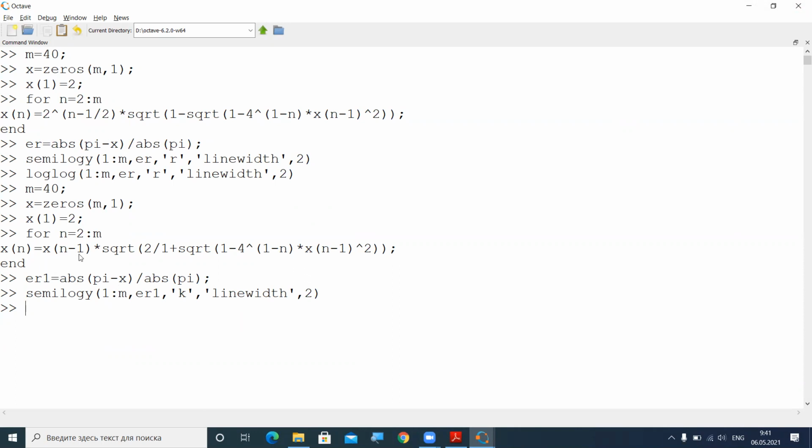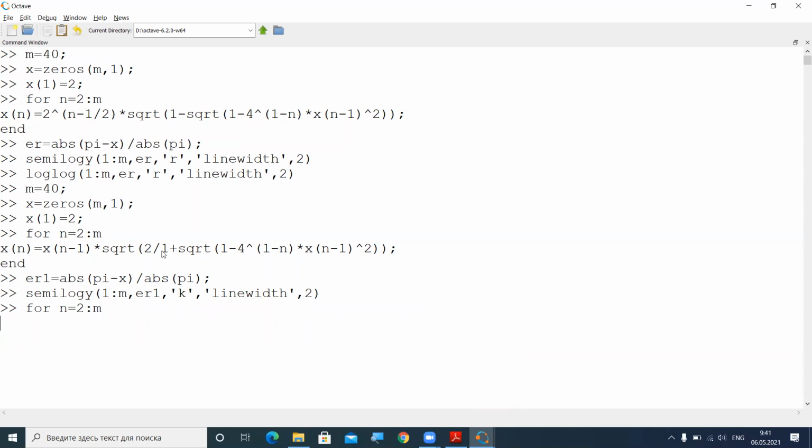Xn minus 1 here should be sqrt 2 over. Sorry, we have some kind of mistake here, because the graph was different. Here we missed parentheses, so sorry.